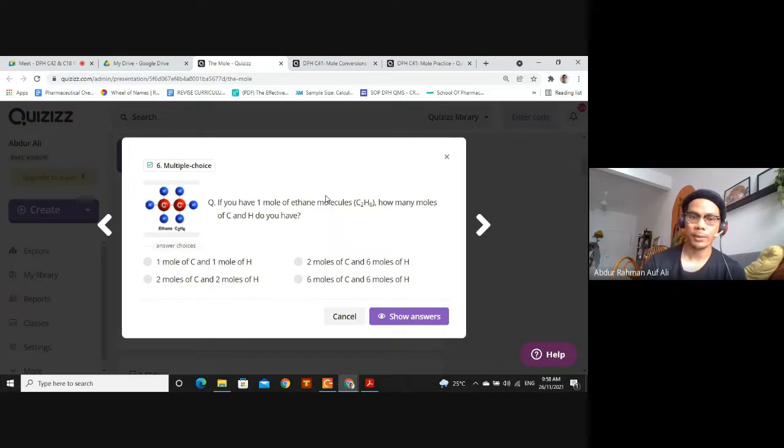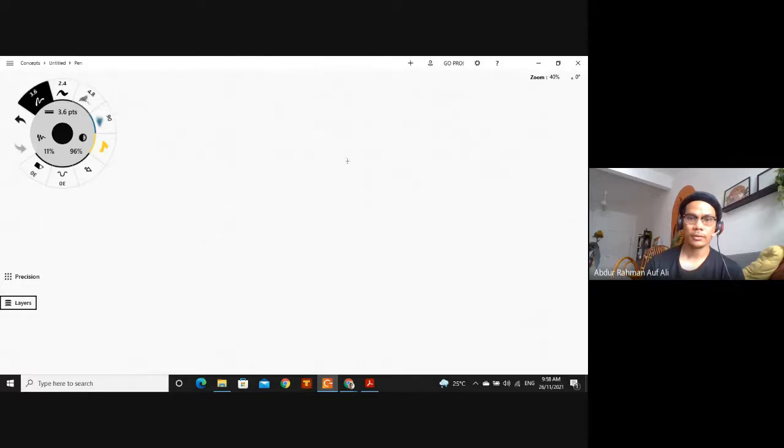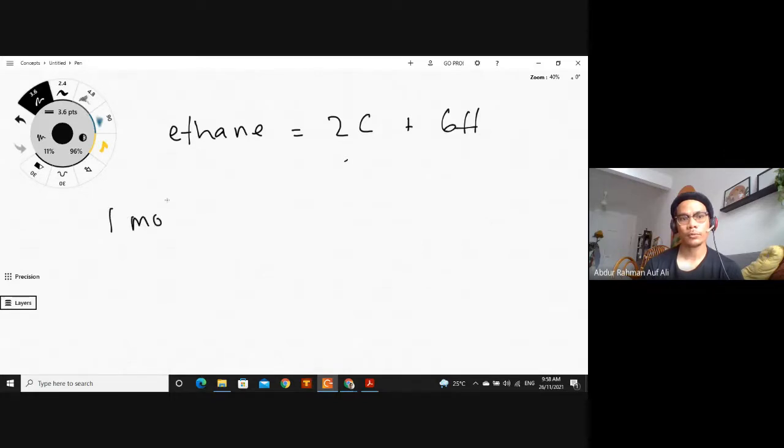So jawapannya adalah sama macam elephant tadi. Okay, ethane. Okay, dia ada 2 carbon dan juga 6 hydrogen. So 1 mole of ethane means 2 ni kita darab dengan 1 mole.